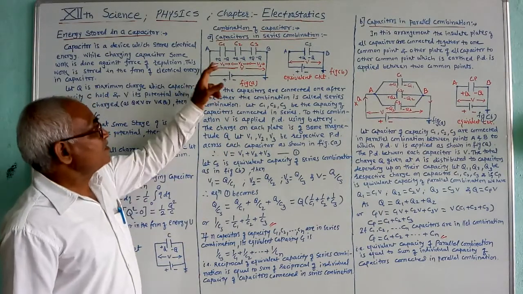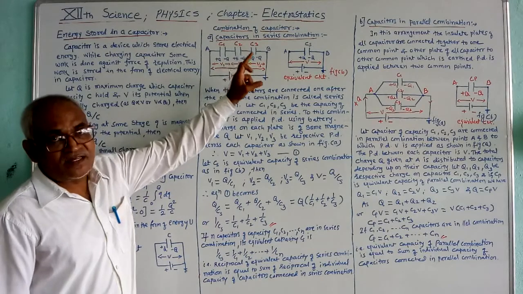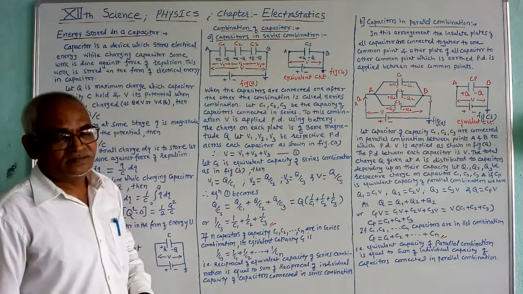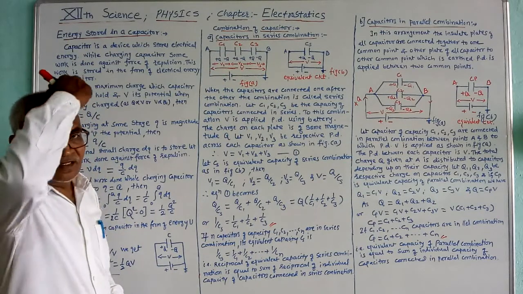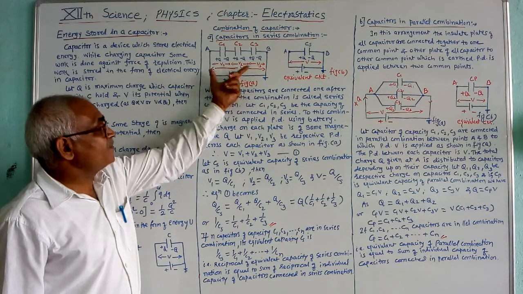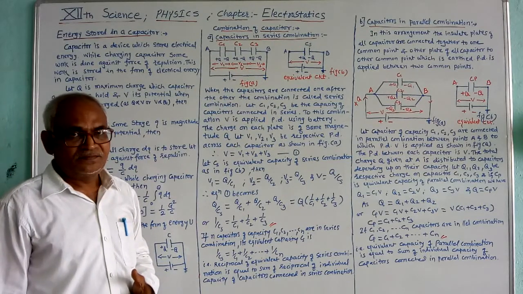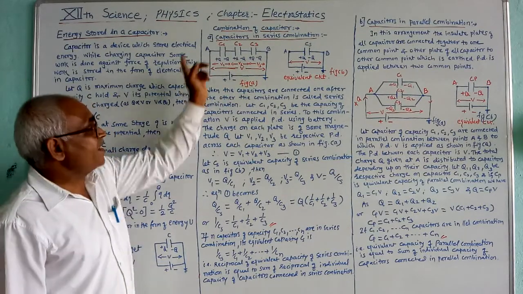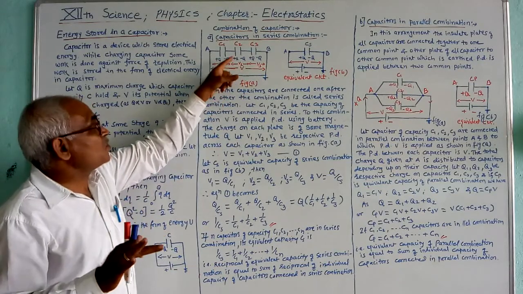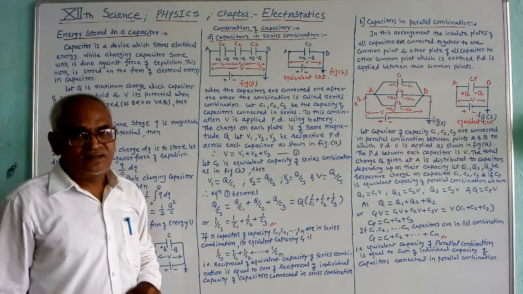Let us suppose that C1, C2, C3 are the capacities of the three capacitors connected in this series combination. To this series combination, let us suppose that V is the potential difference applied. Now in series combination, the same magnitude of charge Q gets stored in each capacitor.